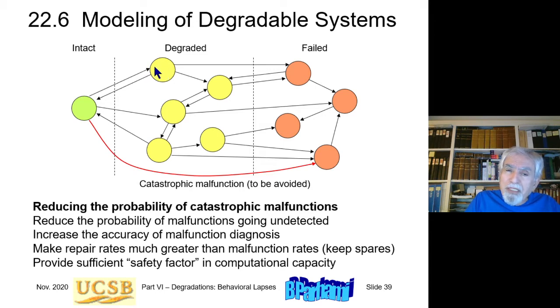With high probability it can, but there's a tiny probability that it can't, and therefore we have what is known as a catastrophic malfunction. A malfunction that did not take us into these buffer or degraded states, but took us directly into a failed state. And these are things that we want to avoid if at all possible, or to reduce the probability to an extent that it's no longer a serious threat.